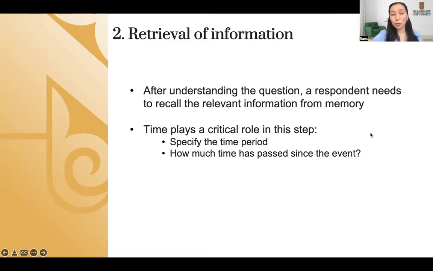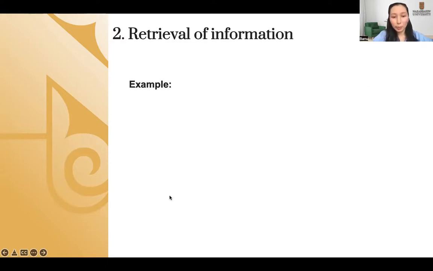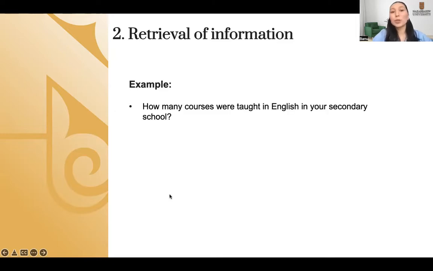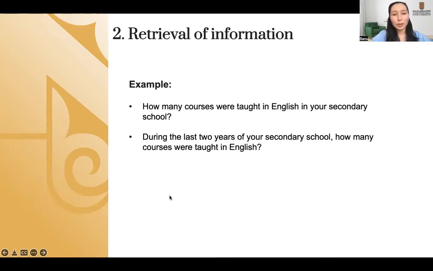Maybe respondents will report not very accurate data. For example, let's consider an example. How many courses were taught in English in your secondary school? And you can compare it with the second wording. During the last 2 years of secondary school, how many courses were taught in English?